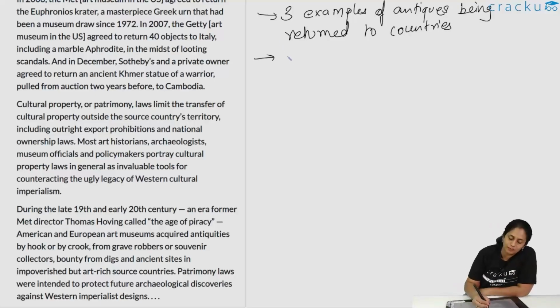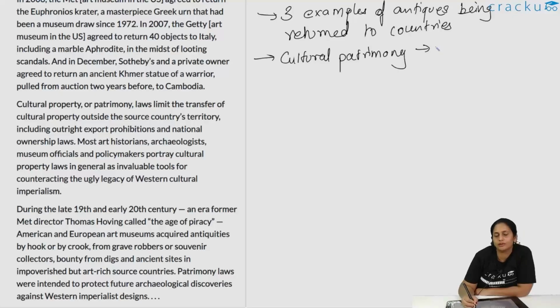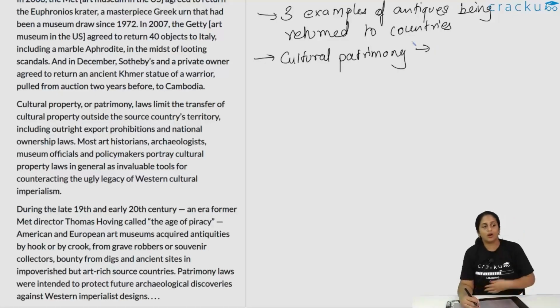So what is cultural patrimony? These are essentially laws preventing the export or movement of cultural property outside a home country. It means that there is national ownership, so all cultural property of a country belongs to the nation as such, and nobody can buy it and take it outside the country. For example, even in India, the ancient statues of India cannot be exported out of India.